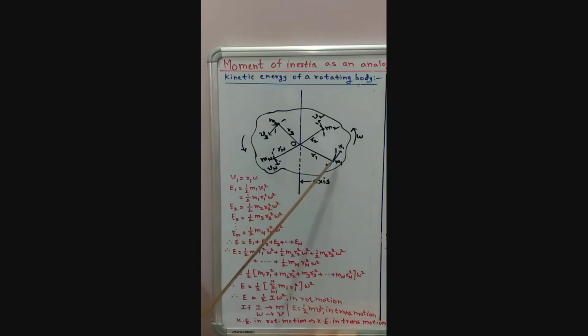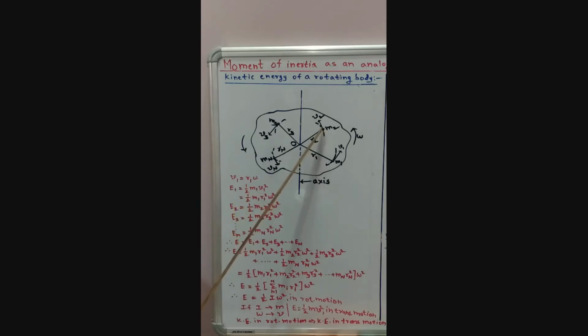The linear velocity v1 of the particle of mass m1 is then given by v1 is equal to r1 omega. Hence, kinetic energy E1 of the particle of mass m1 is given by E1 is equal to 1/2 m1 v1 square. Therefore, E1 is equal to 1/2 m1 r1 square omega square, since v1 is equal to r1 omega.